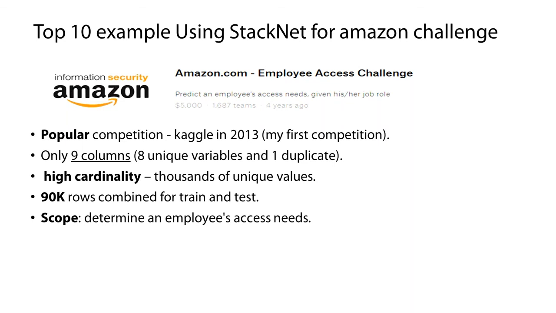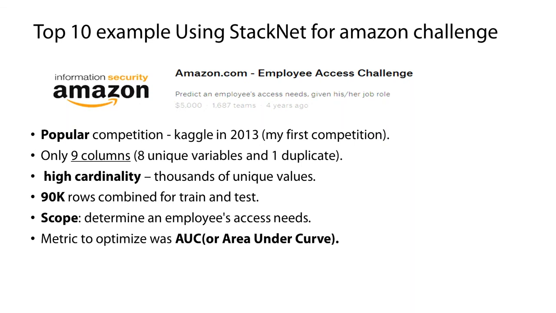Basically, Amazon wanted to predict whether a certain employee will require special accesses, for example admin rights, based on data like the role of the employee and the department he's working in. So, information about the employee and the role in general.